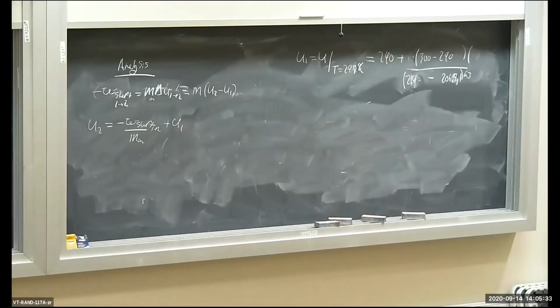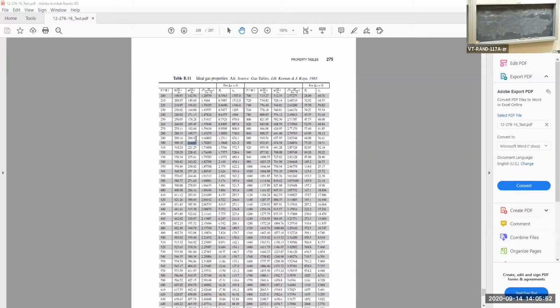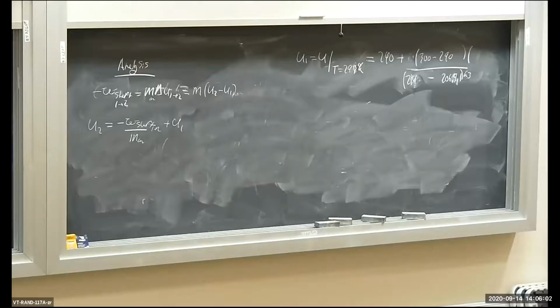Okay, let me take the screen off here so we can get back. Let's see, 214.07, 206.91. Okay. Oh, I wasn't sharing this. So 293 is going to be my base value for temperature and specific internal energy. And so I'm going to do an interpolation between 290 and 300 degrees Kelvin.